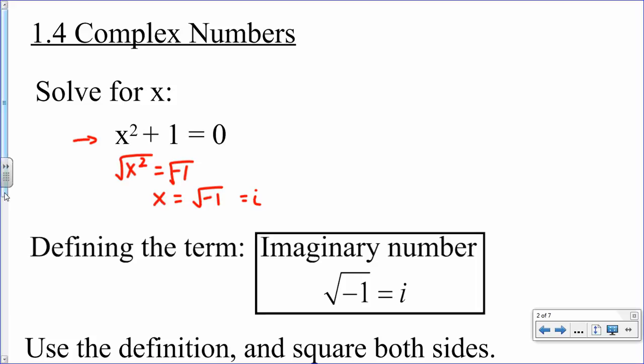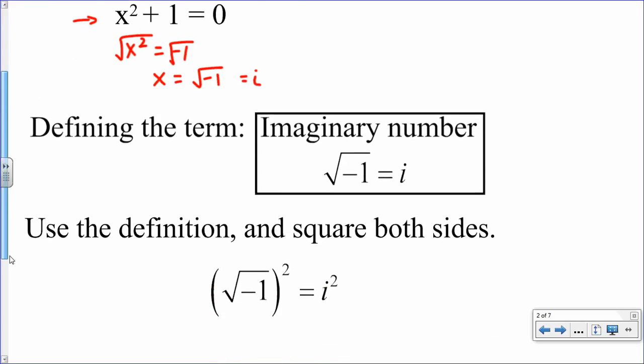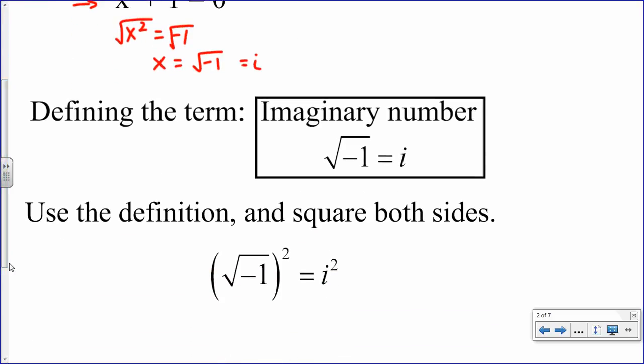So if i is the square root of negative 1, then we can talk about what i squared is. If you square both sides, you have i squared, and then the square root of negative 1, squared, is negative 1.